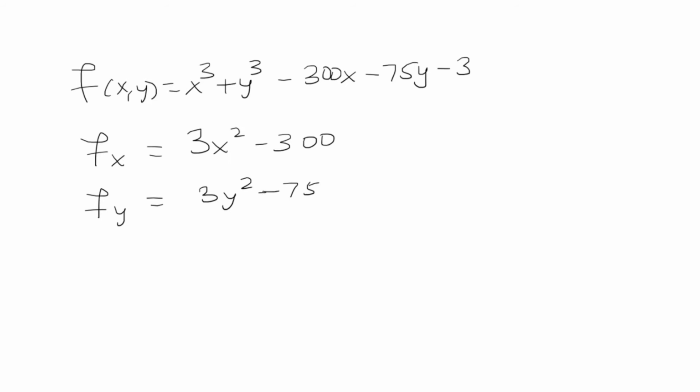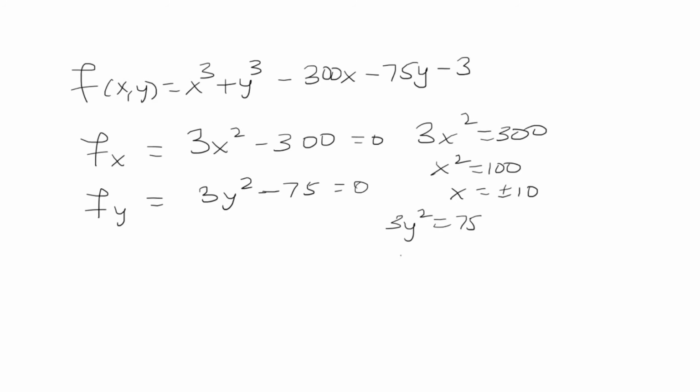Okay, so for this, set them both equal to 0 to find the critical points. So we get 3x squared equals 300, x squared equals 100, so x is plus or minus 10. Similarly for y, we have 3y squared equals 75, y squared equals 25, so y is plus or minus 5.